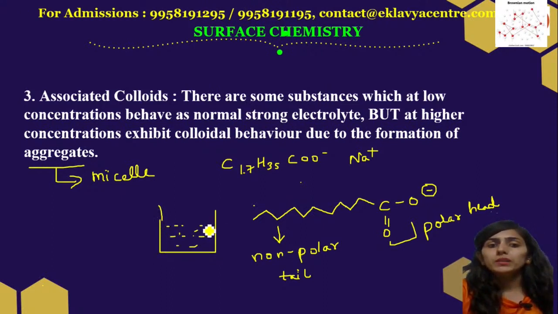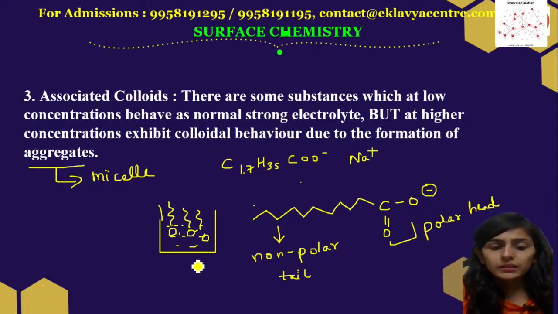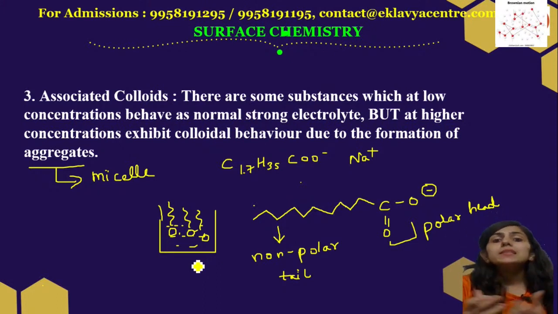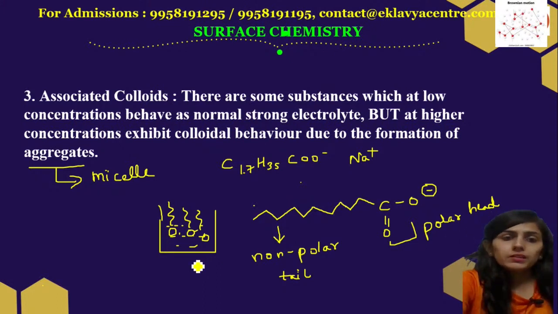We know that water is polar in nature, so the polar head will be inside the water and the non-polar tail will be outside the water. Now this will happen only at low concentration, but as we increase the concentration, micelle formation will take place.